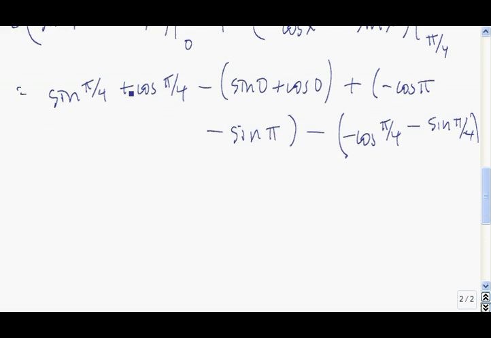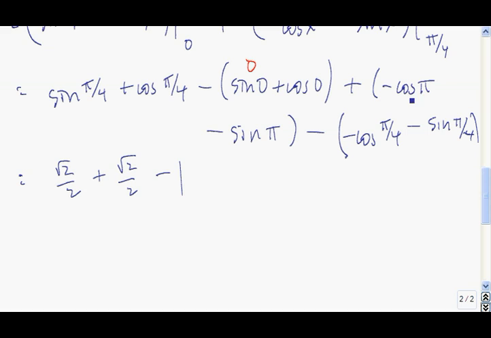So we have sine of pi over 4, that's equal to root 2 over 2. Same with cosine of pi over 4. Then we have minus sine of 0, but sine of 0 is equal to 0. Then minus cosine of 0, which is 1, so minus 1. Then plus negative cosine of pi.